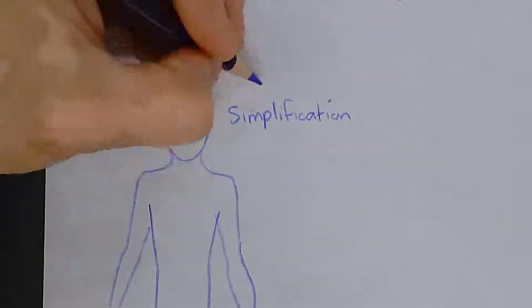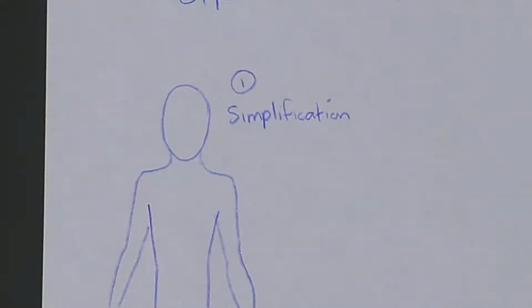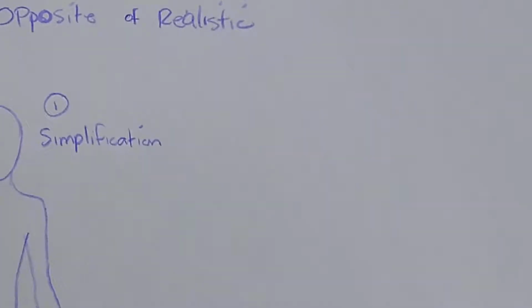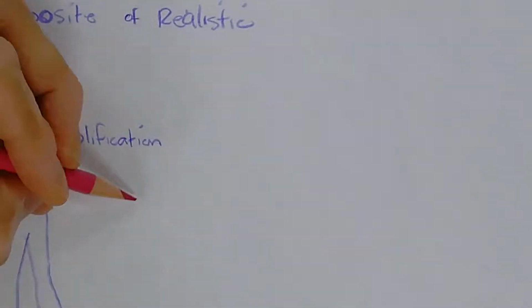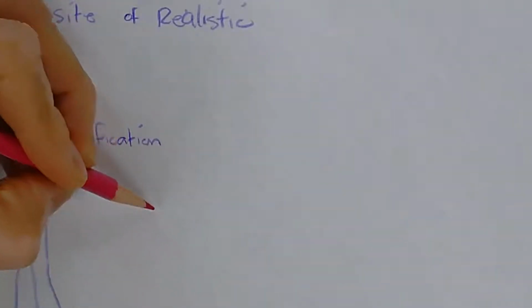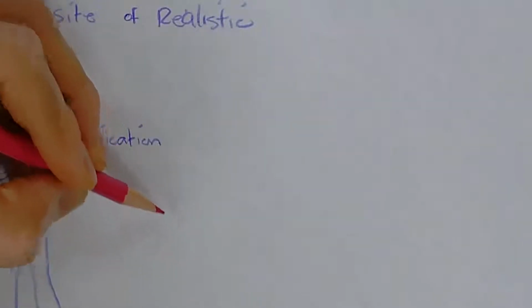As one example of abstraction. So if you wanted to simplify an animal, let me give you an example of an animal here.